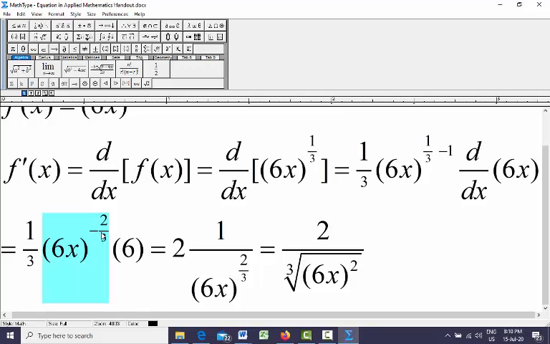You need to move the power along with the base, and here the base is 6x, to the denominator, except the minus sign.